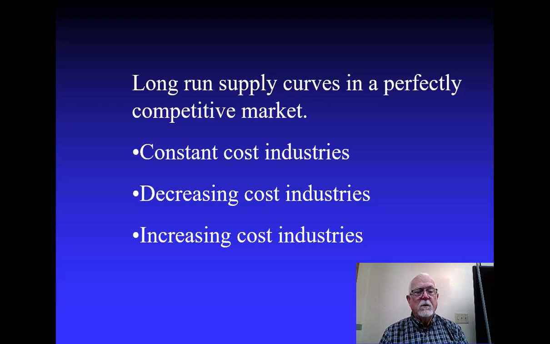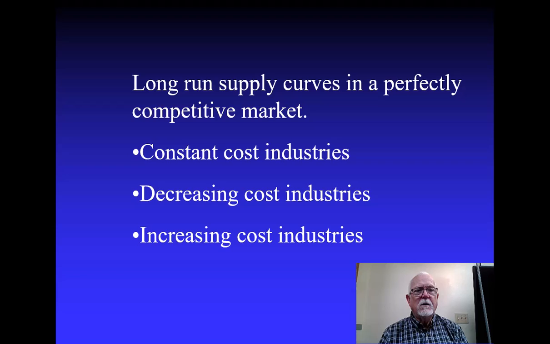Now, in the long run, all inputs are variable, and we just saw a long run equilibrium at a temporary point, if you will. But then the firm, if they're looking at future production, might want to scale up or might want to scale down.